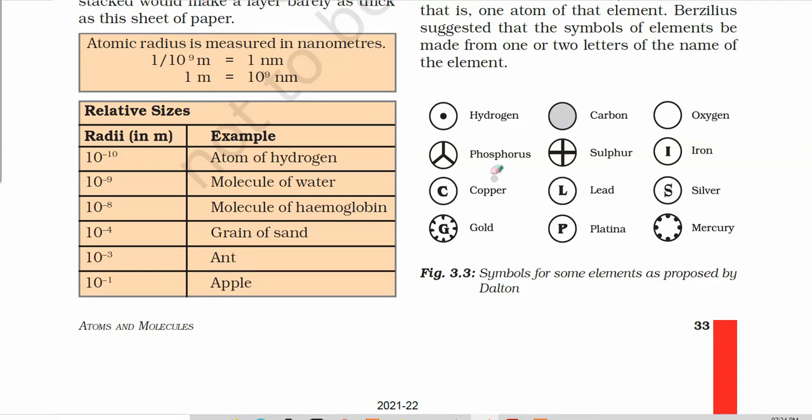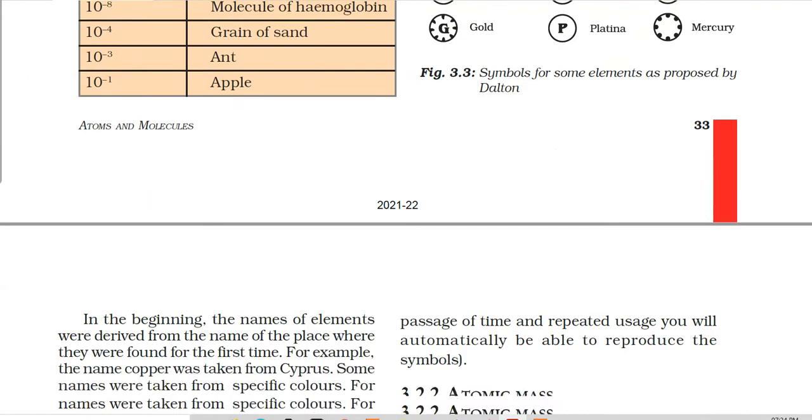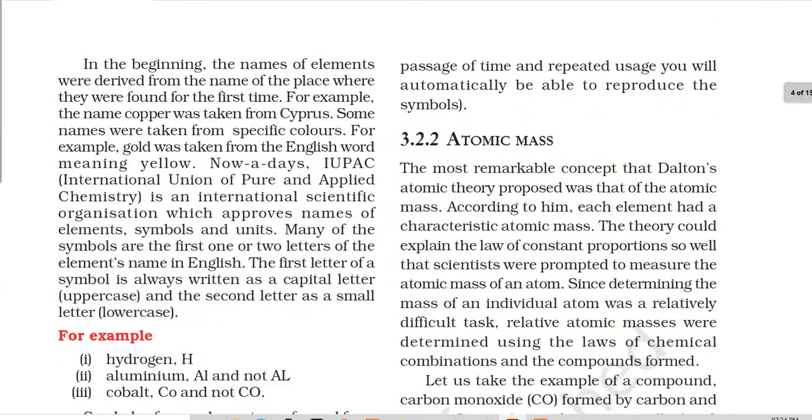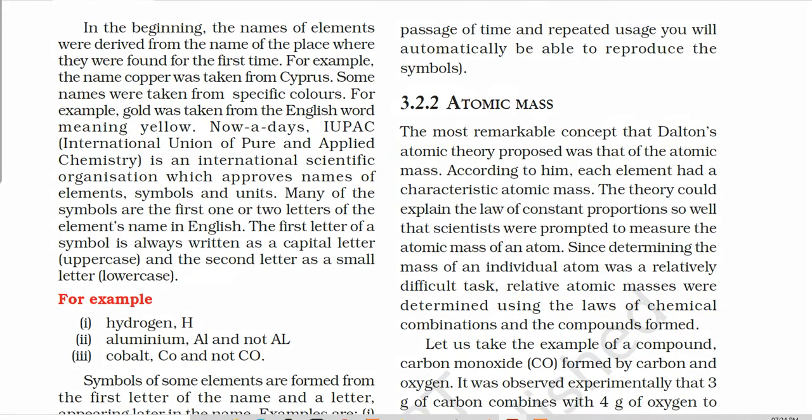These were the symbols proposed by Dalton. When Berzelius came, the rule changed. In the beginning, the names of the elements were derived from the names of the places where they were found.